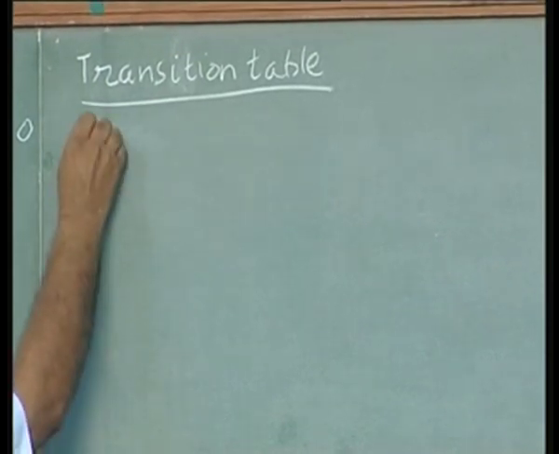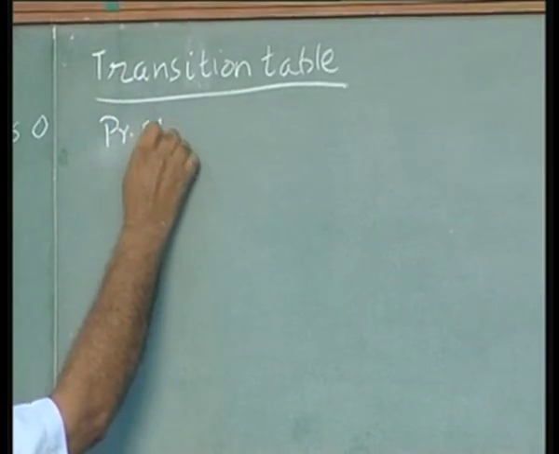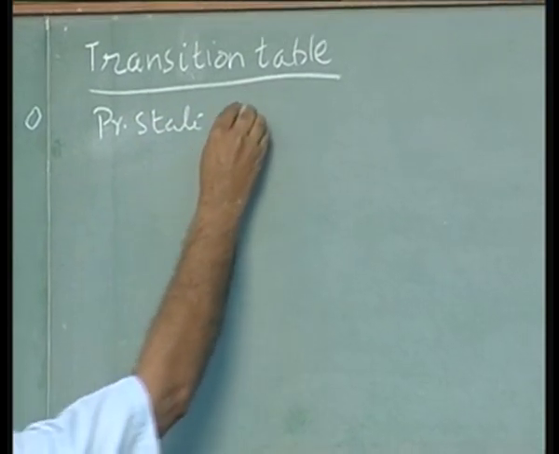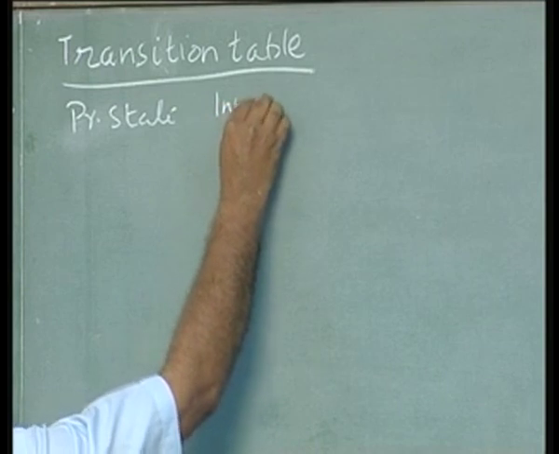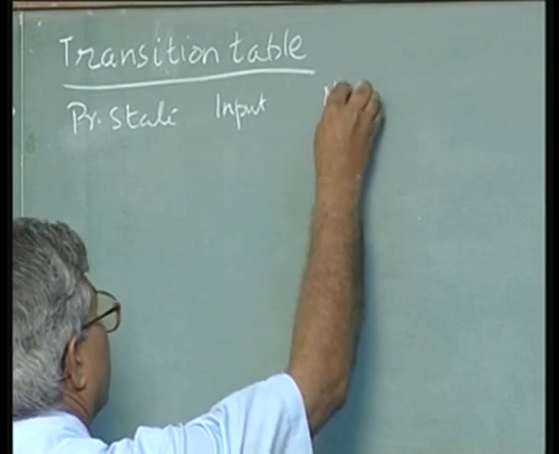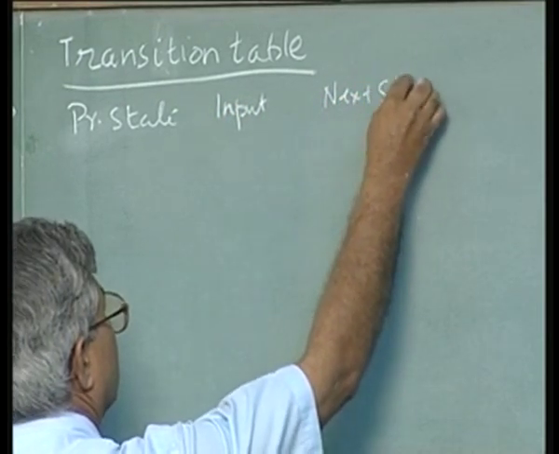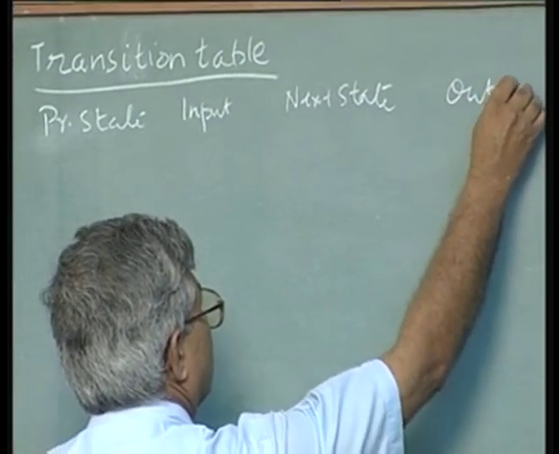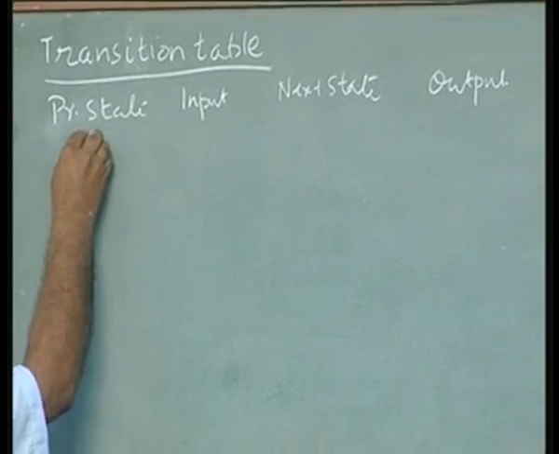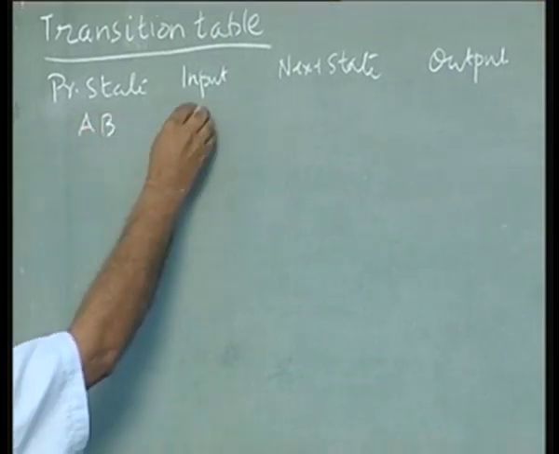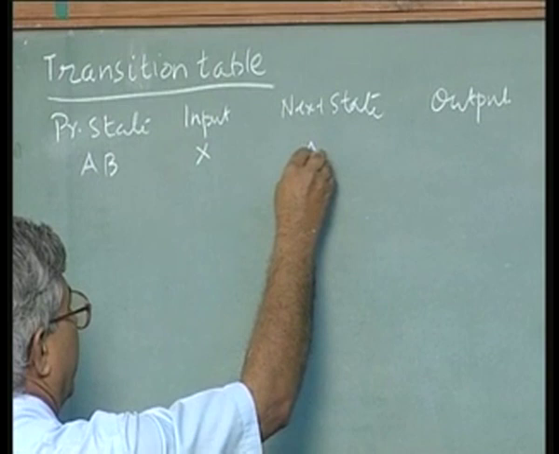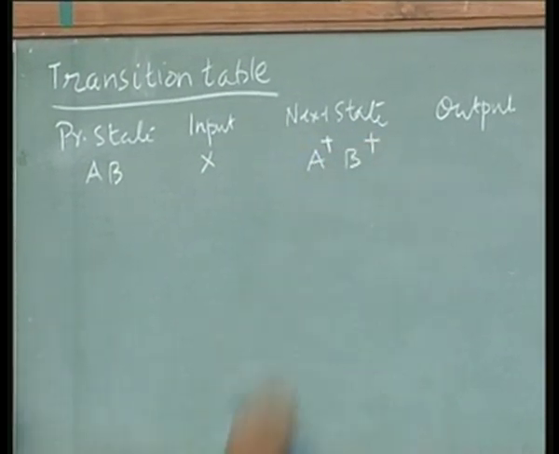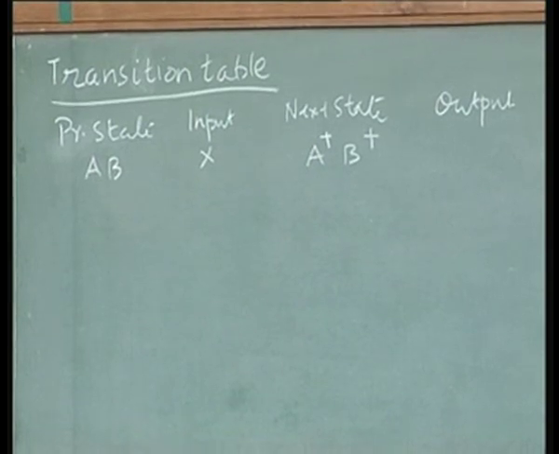Present state, input, next state, output. Present state I will call AB, input is X, next state is AB again, but in order to differentiate between the next state and the present state, it is usual to put a plus on it.